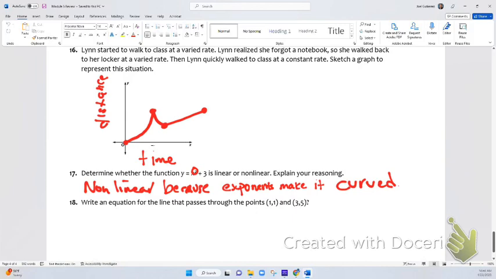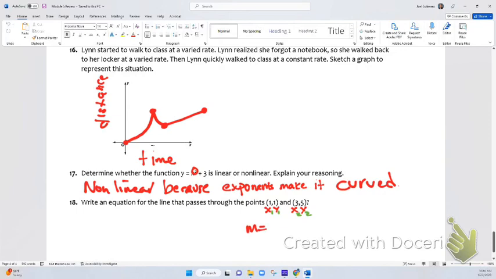And then last but not least, write an equation. This is the stuff that we just did last week. This is your x, this is your y. This is your x, this is your y. These are going to be 1s. These are going to be 2s. So first step, we need to find the slope.